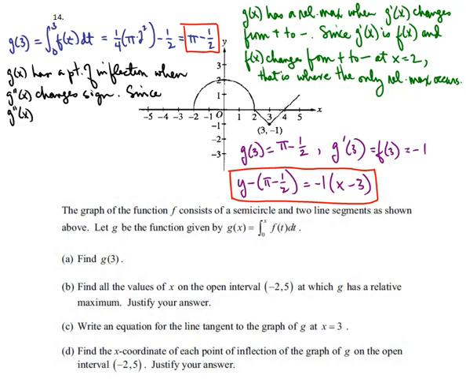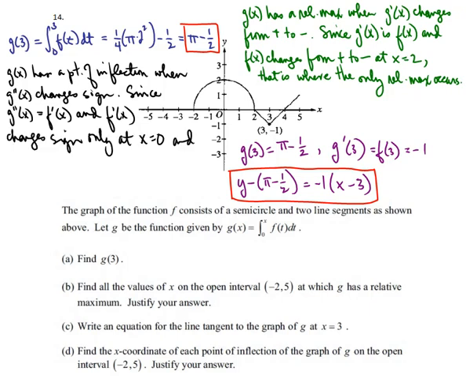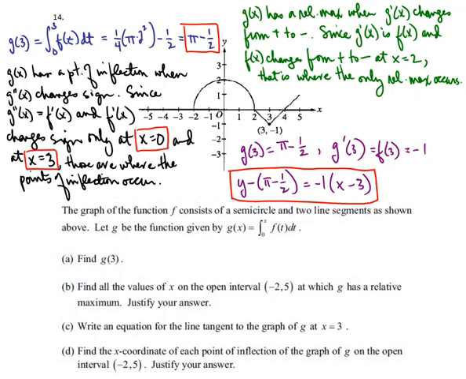Since g prime prime of x is really just f prime of x, the slope of the curve that you see there, and f prime of x changes sign only at x equals 0 and at x equals 3, the points of inflection occur at x equals 0 and x equals 3. And that's our answer for part D.